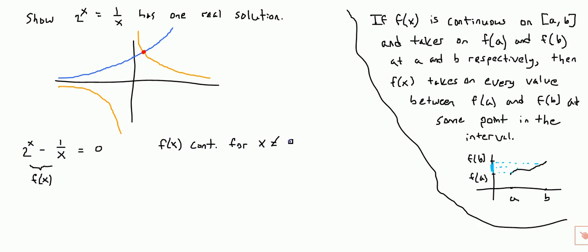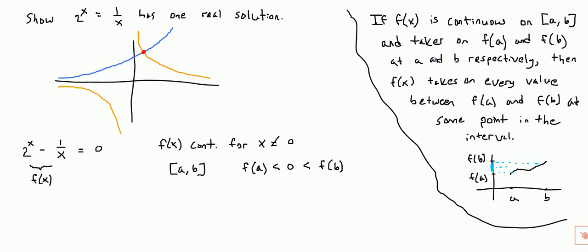Okay, so finding out where this function is continuous is key to use the intermediate value theorem on it. So if we want to show that this is equal to 0 and we want to use the intermediate value theorem, then we want to find some interval AB. And what we want is to have f continuous on this interval, and we want to have f of A be less than 0, and have f of B be greater than 0.